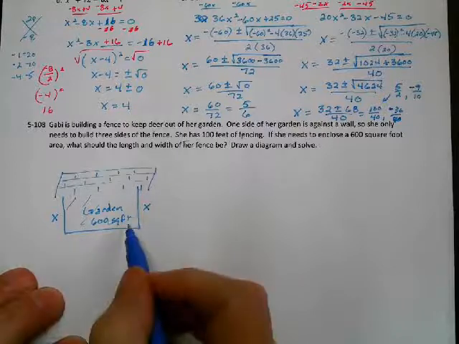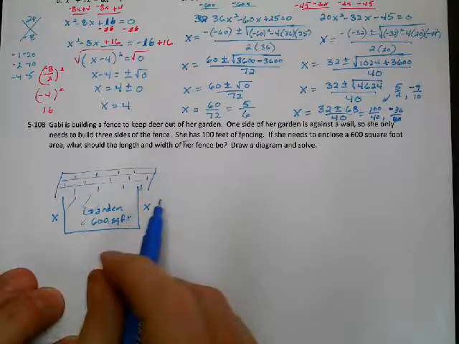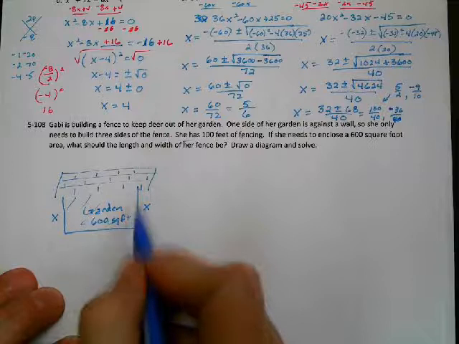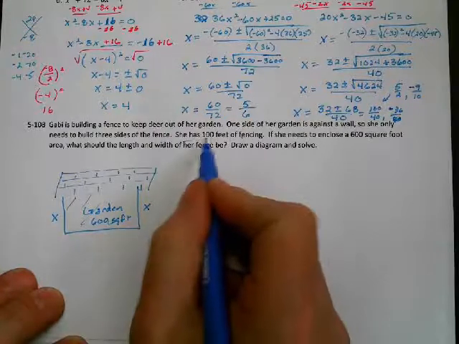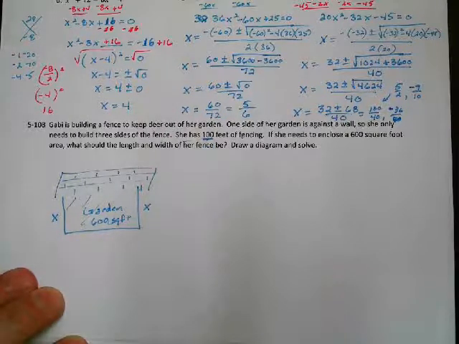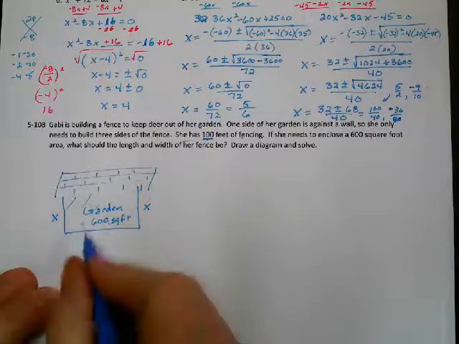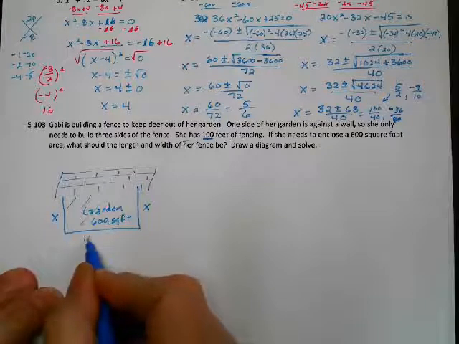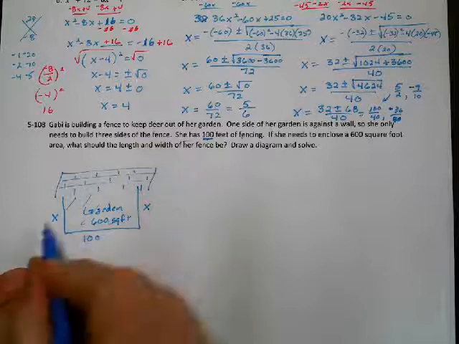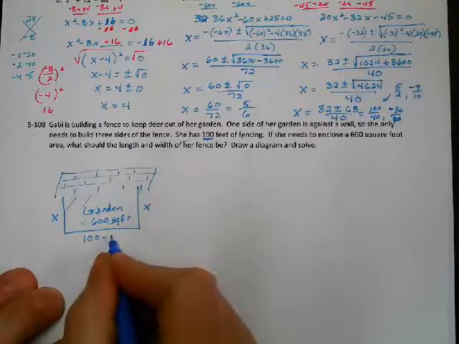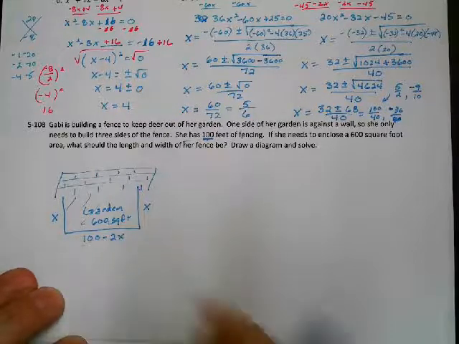So far, I've got x and x taken up out of the total of 100 feet that I can use. So I'm going to make this last side 100, but then take away these 2 x's. So this side would be 100 minus 2x. So our width is going to be x.